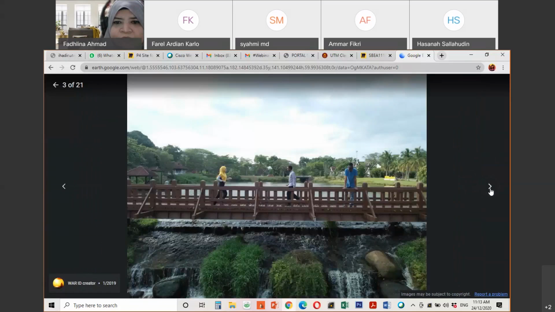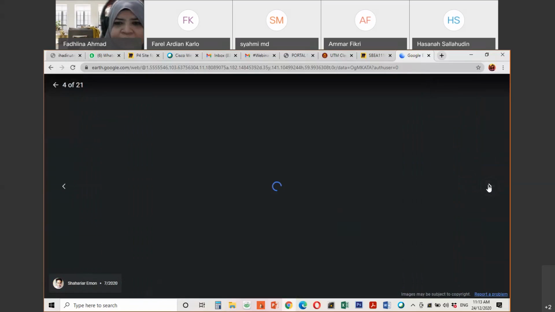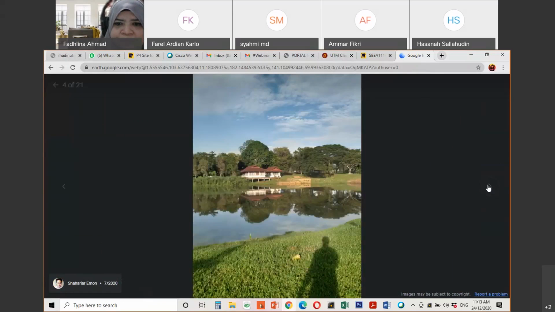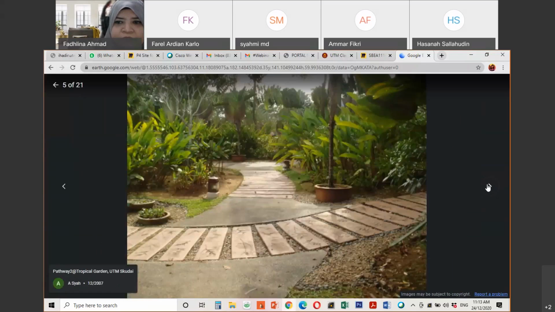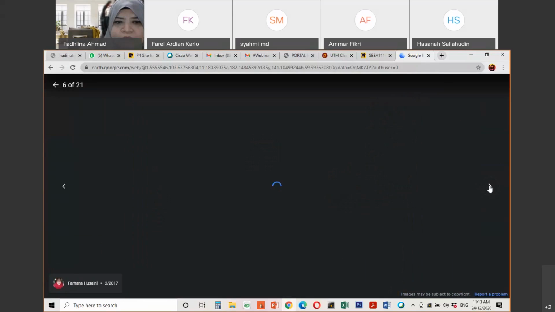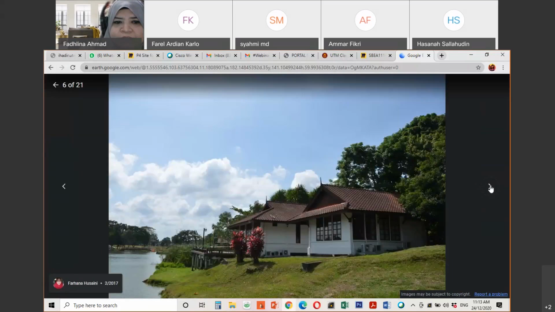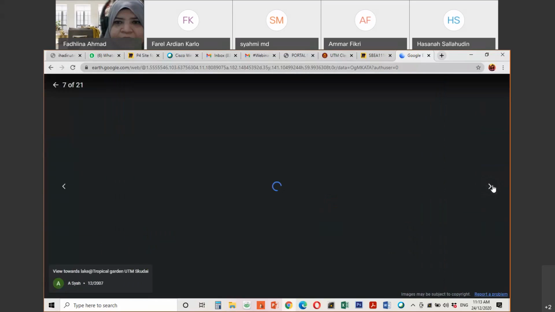And then this one is also your view later. Ini pun your view, okay. Yang ni dia letak this thing is located next. Alright, this one is located in front of your site.